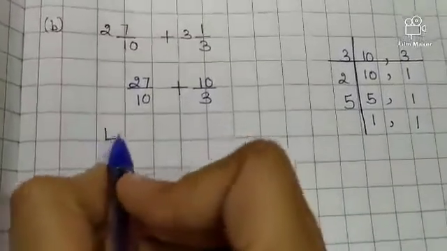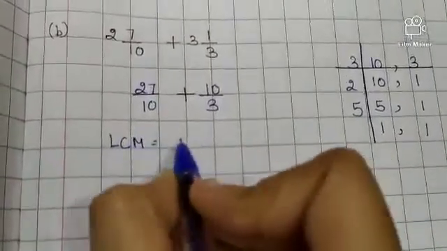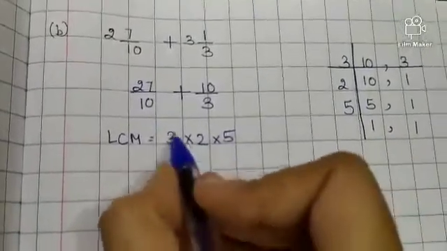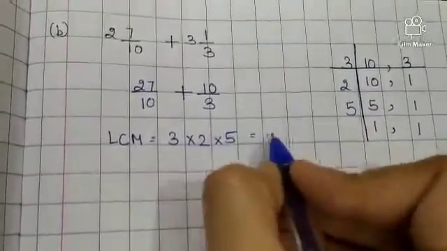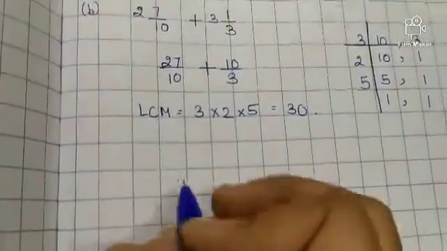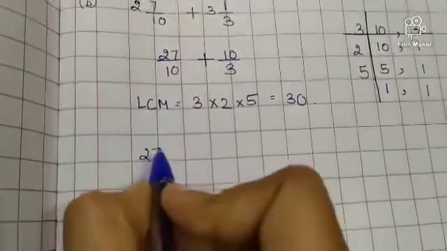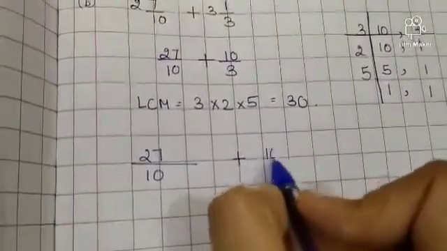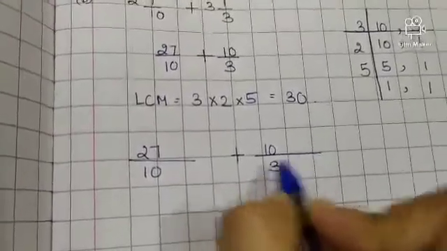So LCM is equal to 3 into 2 into 5. So 3 2s are 6 and 6 5s are 30. So what LCM did we get? 30. So now 27 upon 10 plus 10 upon 3.